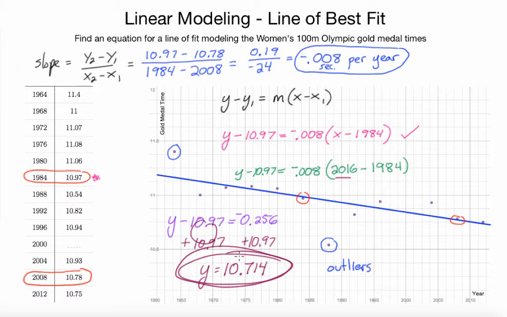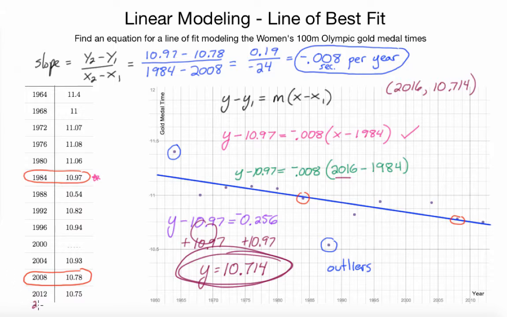So we used our equation to find another point. We just found out that, all right, in the year 2016, the winning time should be 10.714, assuming that our model fits really nicely.